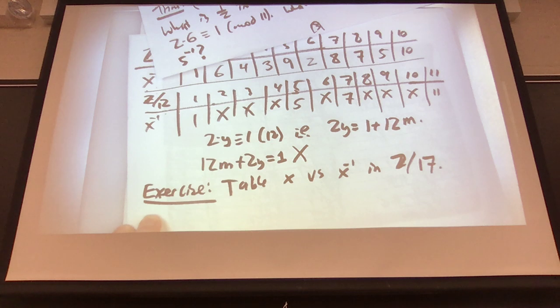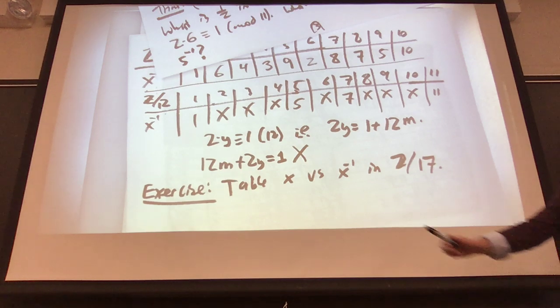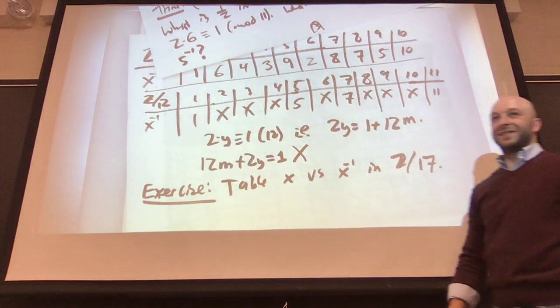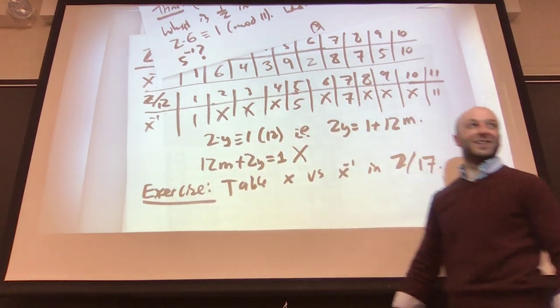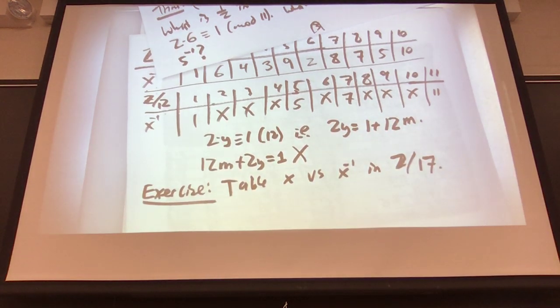It's not going to be that hard. You only have 8 equations of this form to solve. You can guess and check, but you could also use the Euclidean algorithm.